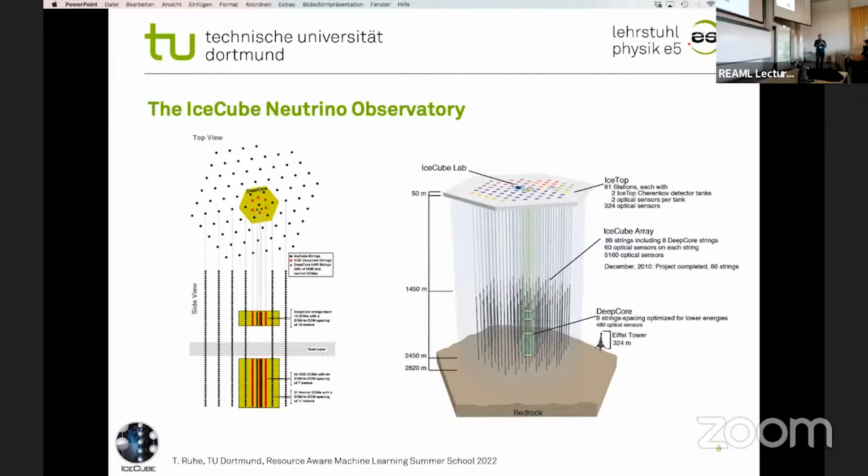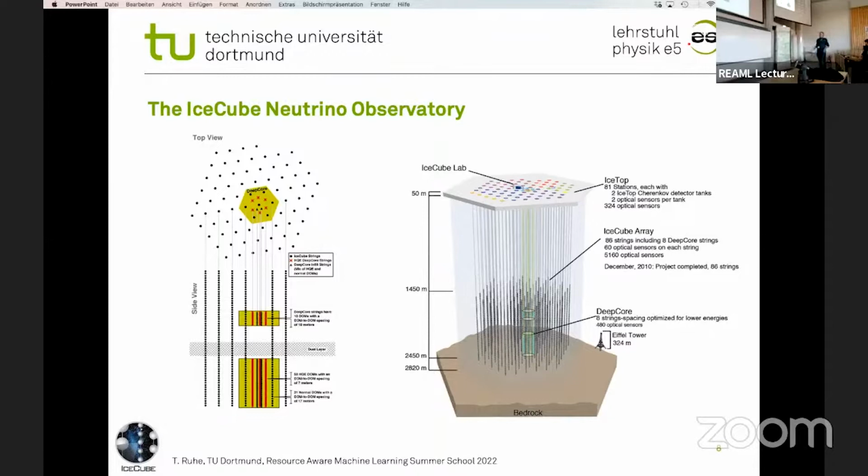The first option is you can wait a very long time to detect a sufficient number of neutrinos. Well, you want to get done with your analysis at a certain point, so the second option is a lot better. The second option is you just instrument a very large volume. So this is what IceCube is. It's basically a 1 cubic kilometer block of ice.